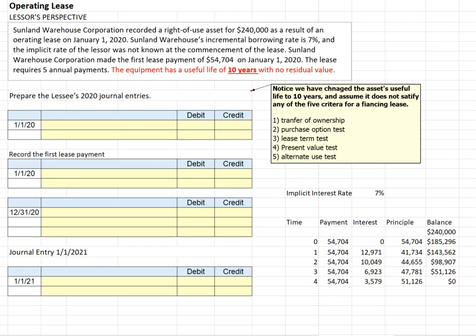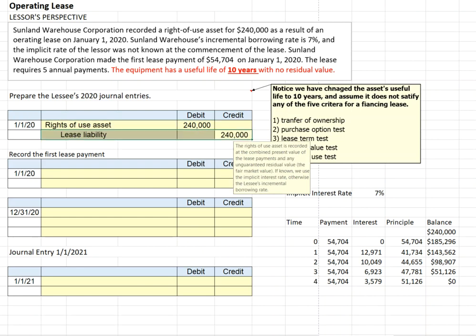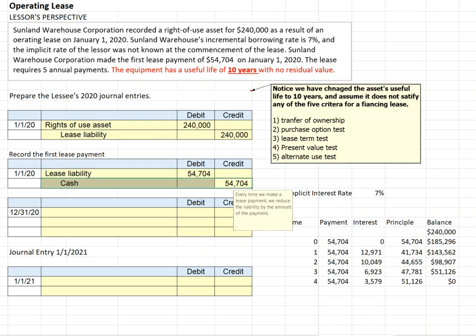Upon the signing of the lease, again, we record a lease liability and a right-of-use asset equal to the present value of future lease payments, which we were told is $240,000. We're making our first lease payment on January 1. And again, whenever we make a lease payment, we reduce the lease liability and we credit cash.